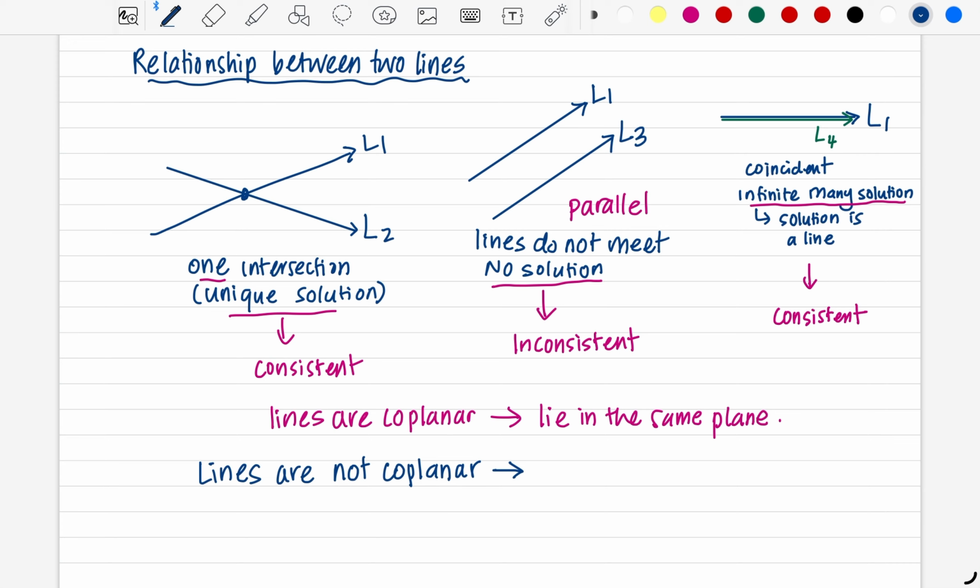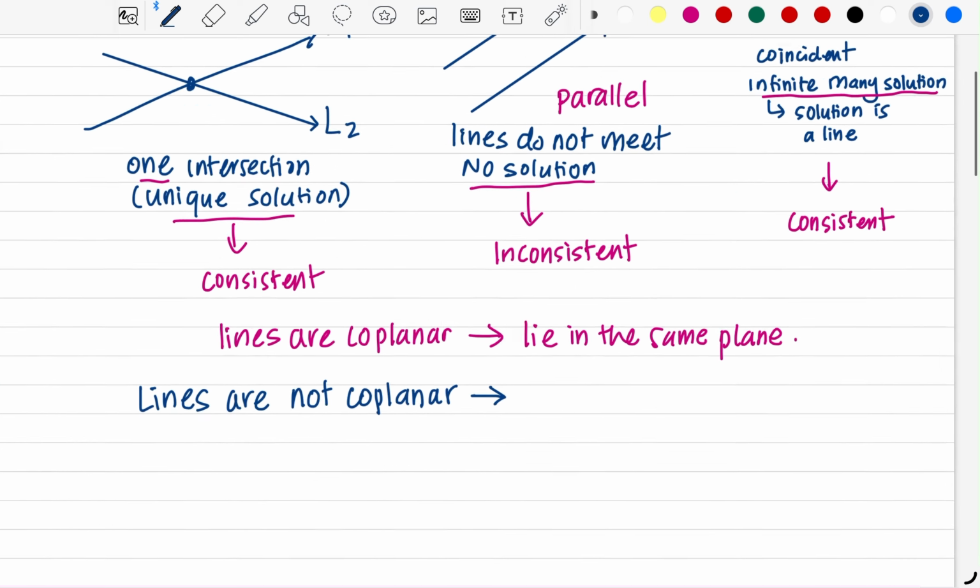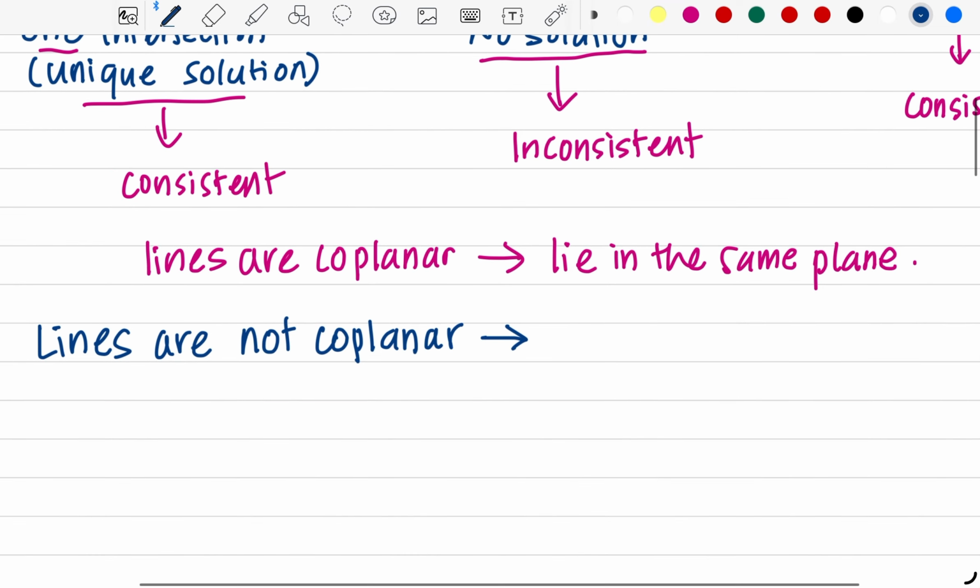So you can imagine that we have a line in the first floor and we have another line in the second floor. They are not in the same plane, but two of them may not be parallel. So in this case, we call them skewed lines.